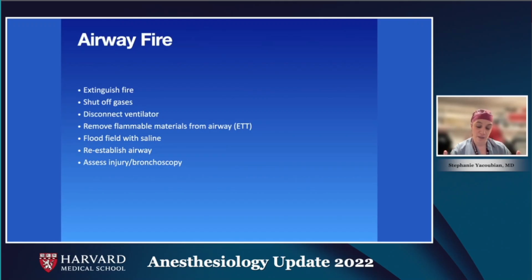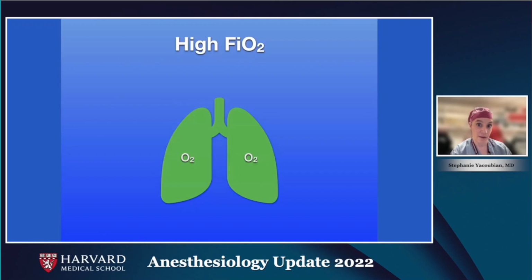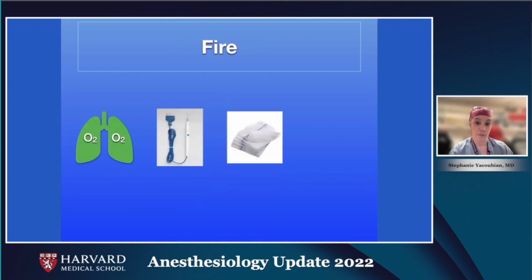Now, speaking of oxygen and securing airways, I do want to take a moment to talk about airway fires. Every time you have oxygen and flammable material, you create a scenario where you may have a fire. High FiO2 and Bovie and Bovie pads could all lead to a fire.